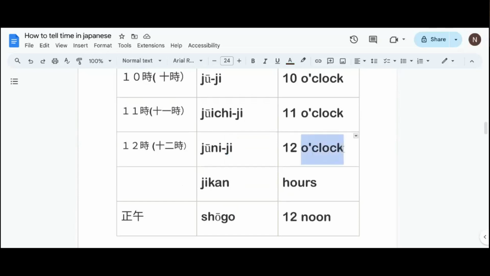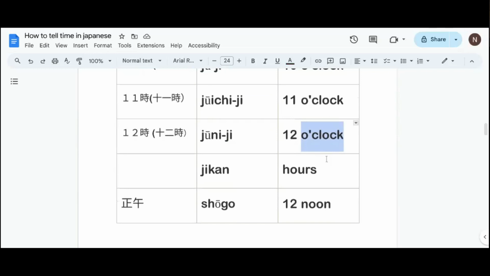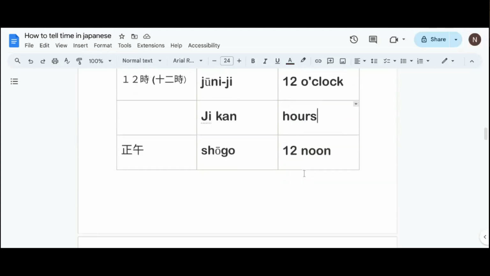Okay? O'clock. Now, if you are asking for the hours, okay? For the hours, it is jikan. Just add ji and then kan. Jikan means this is in hours. Okay? Jikan.